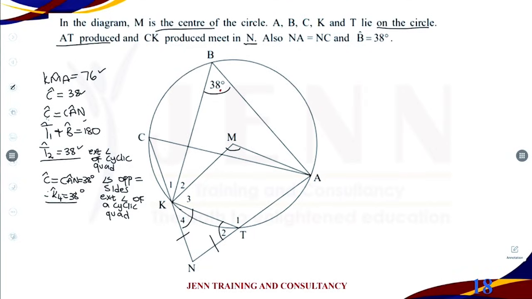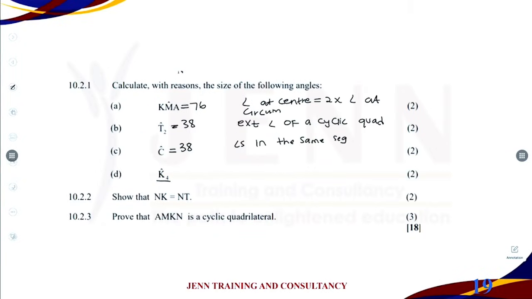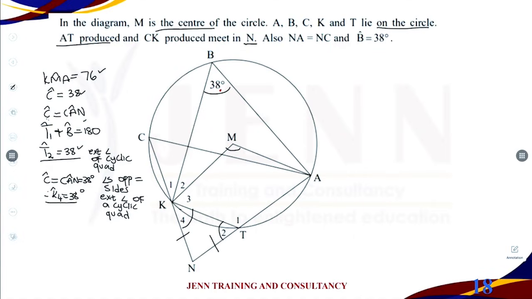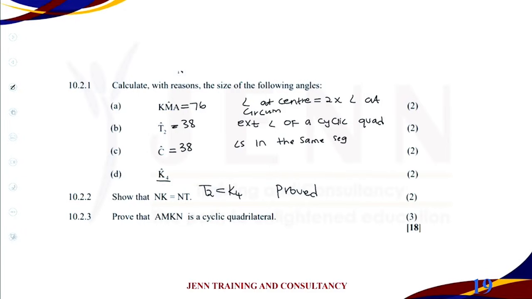So if the two angles are equal, the size of angle T2 equals the size of angle K4. This was already proved from the questions above. So I can definitely conclude, therefore, NK is equal to NT.